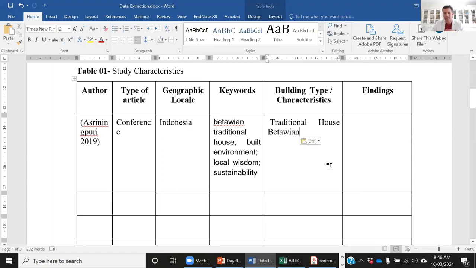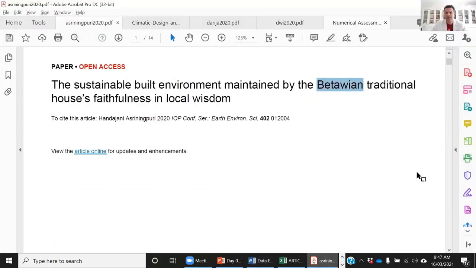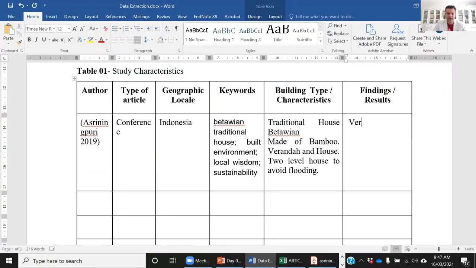So maybe I think in this one they mentioned veranda was used, isn't it? Okay, so that is one.